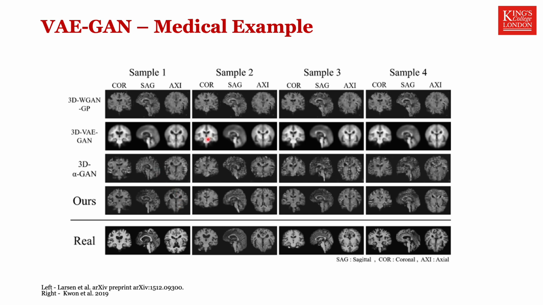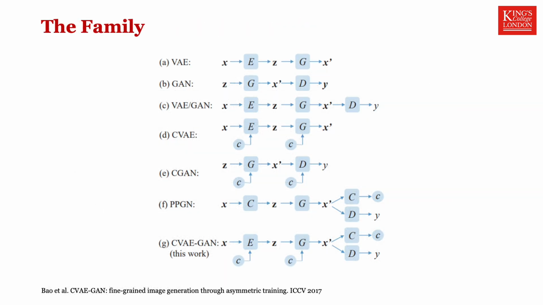The VAE GAN, even though it does have the GAN component, the adversarial component, is still generating images that are really blurry, as you'd expect from a lot of the autoencoder type models. While the alpha GAN is generating images that are quite speckly. If you read the original alpha GAN paper, this is the behavior that you would expect for most of these methods.